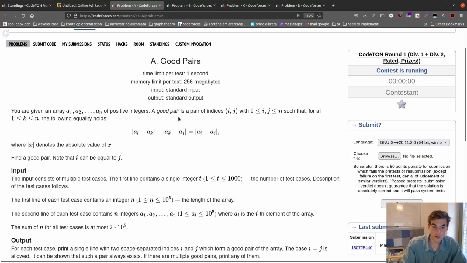In problem A, we were given an array of n integers and we had to find a pair of indices i and j such that for all k the following inequality holds.